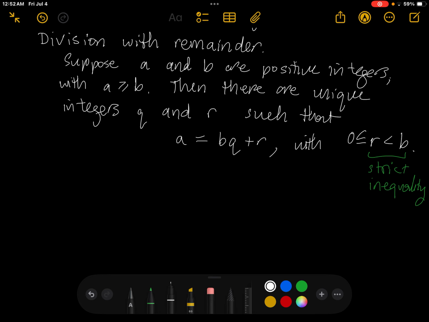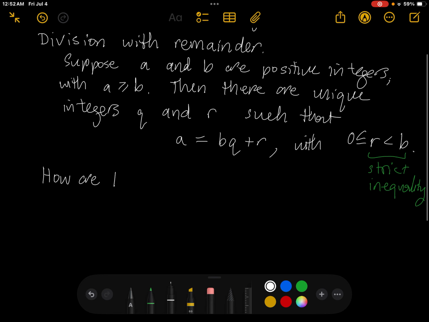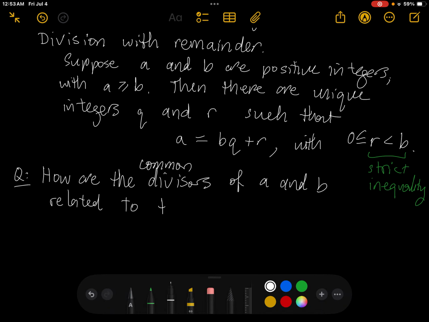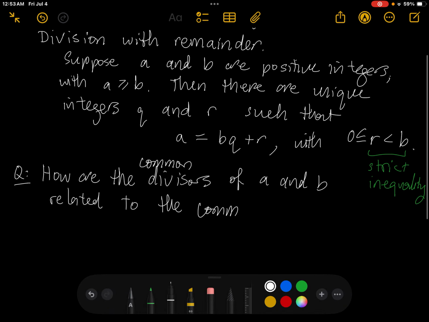So hopefully this fact is familiar. So here's the question. How are the divisors of a and b, so these are the common divisors, related to the common divisors of b and r?